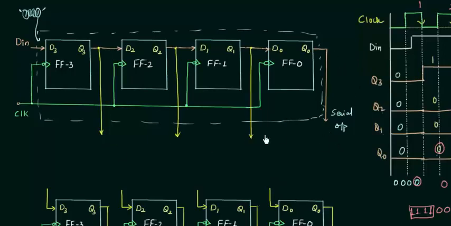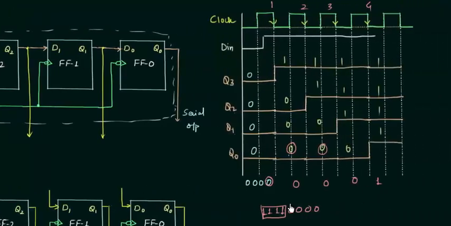And what is the change? Let me show you. Once we have stored the data that we want to store, and this data can be 1, 0, 1, 1, 0, 0, 1, 1, whatever you want to store. I have selected to store 1, 1, 1, 1. And once we are at this point, what is the value of Q3?